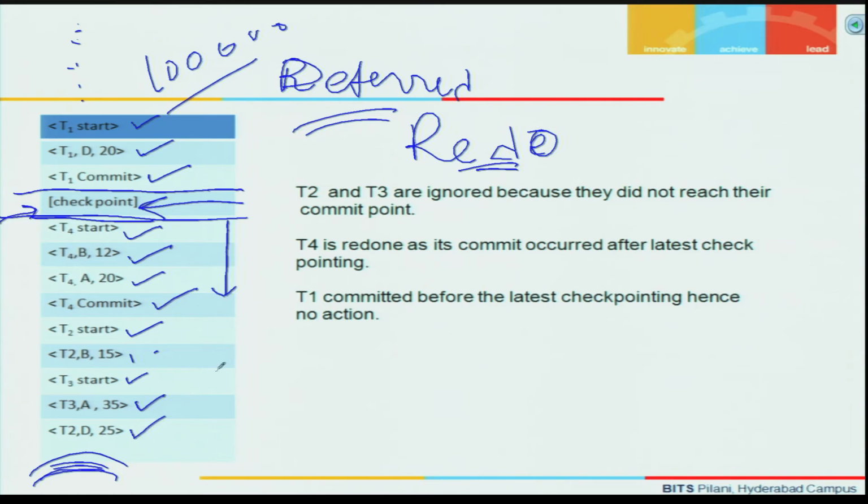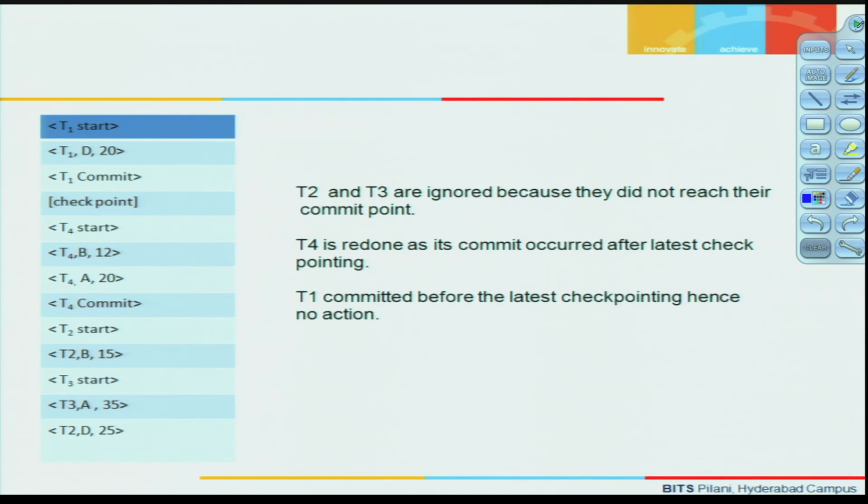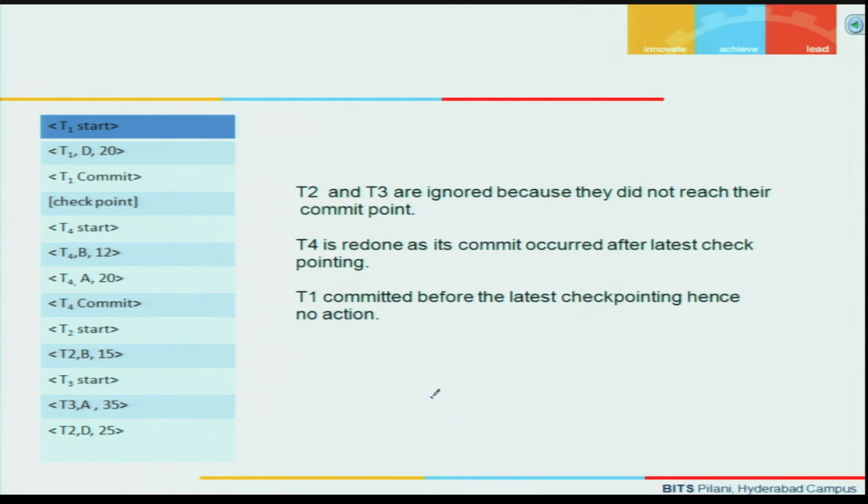That means recovery from the failure becomes very simple. T2 and T3 are ignored because they did not reach their commit points. Because it is deferred modification, I should ignore T2 and T3. T4 is redone as its commit record occurs after the latest checkpointing. T1 is committed before the latest checkpointing, hence no action needs to be taken.